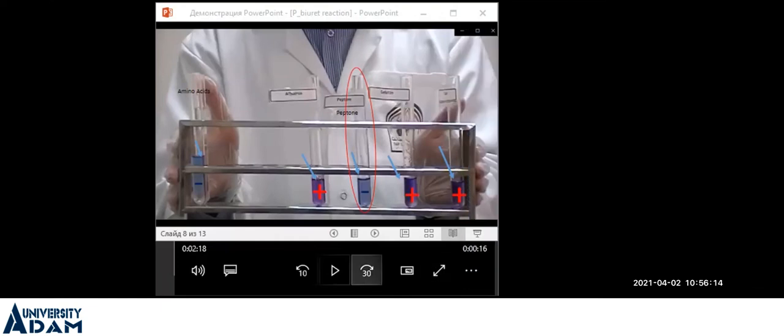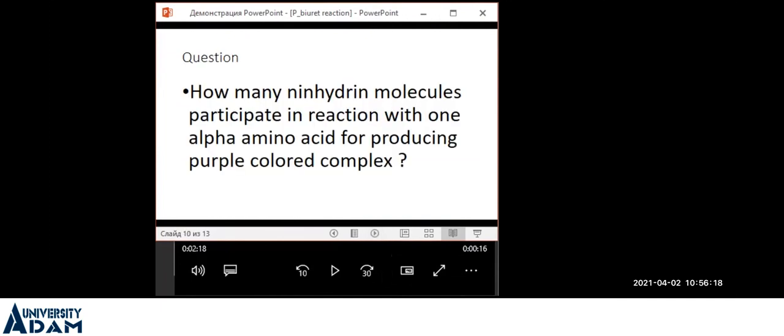First question will be this one. How many ninhydrin molecules participate in the reaction with the alpha amino acid for producing a purple-colored complex?